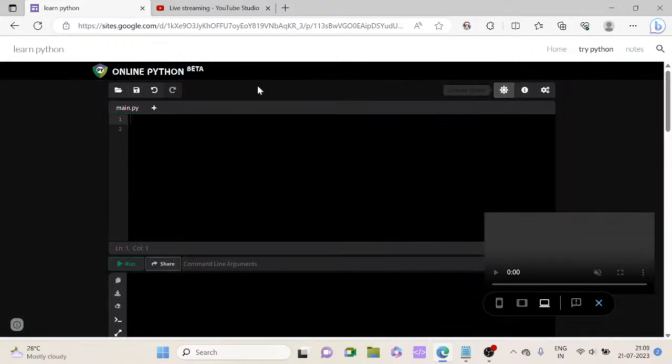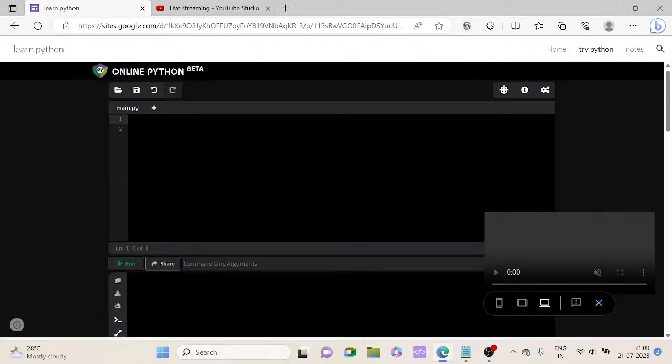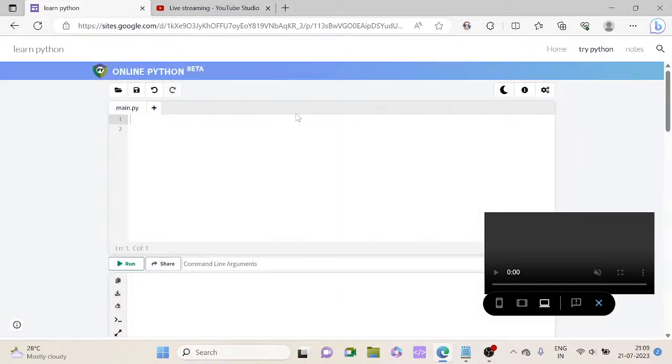Okay, I like this dark mode. If you need light mode, you just press here, and you will get the light mode. But my preference is dark mode because dark mode shows colors better.